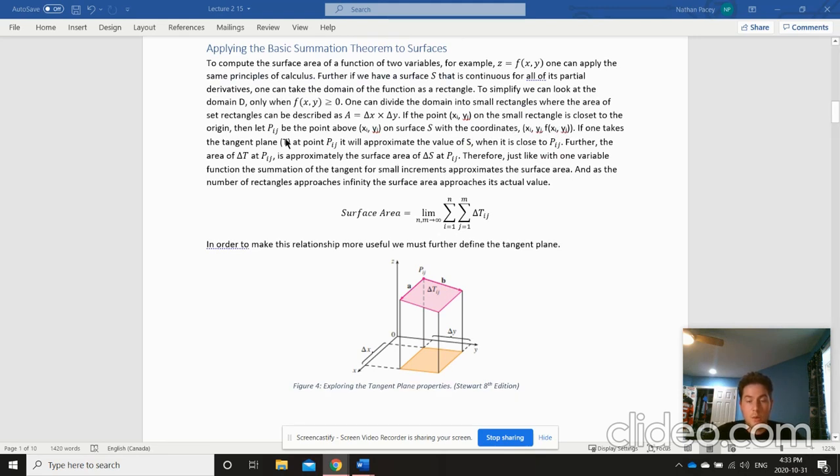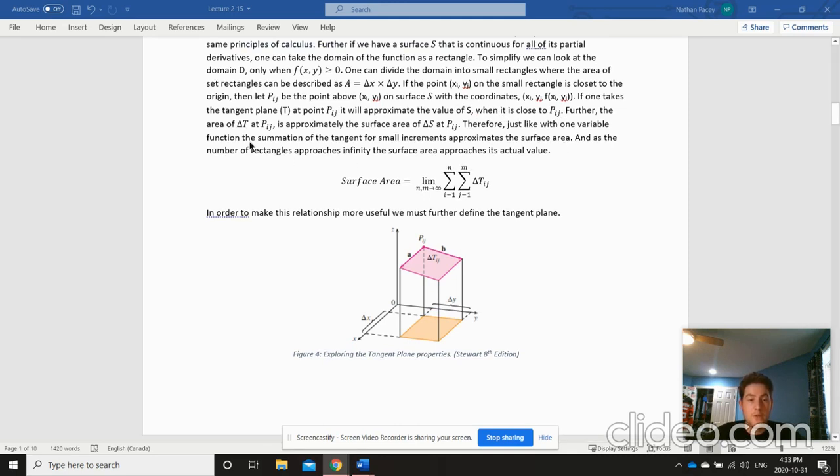So if we want to compute the tangent plane at point P, it will approximate the value of S, that is the value of the surface, when it is close to P. Further, the area under the tangent at P is approximately the surface area of S at P.